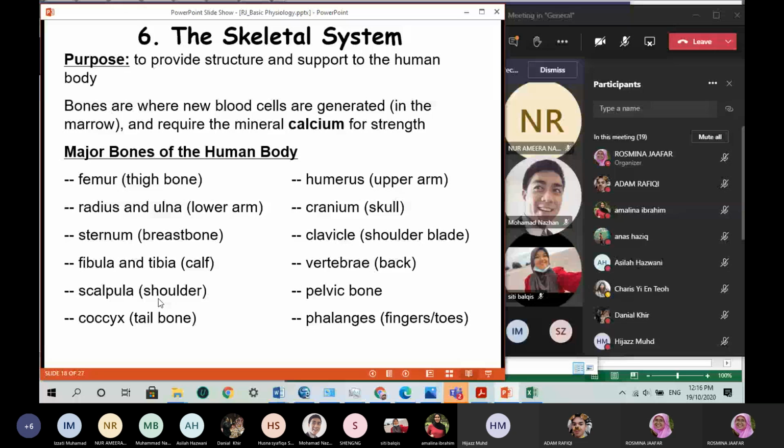Don't worry too much about the bones' scientific names, as long as you know the function. Because for you all engineers, you don't need to know the anatomy. You need to know about physiology. The difference between physiology and anatomy is that physiology is understanding the functioning of the body, whereas anatomy is understanding the body structure, specific parts of the brain.